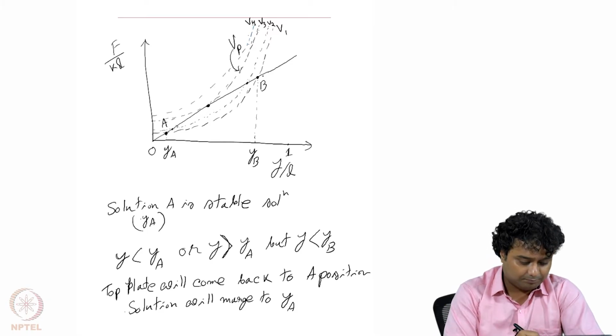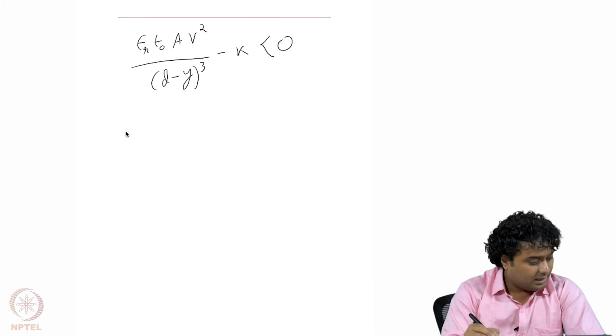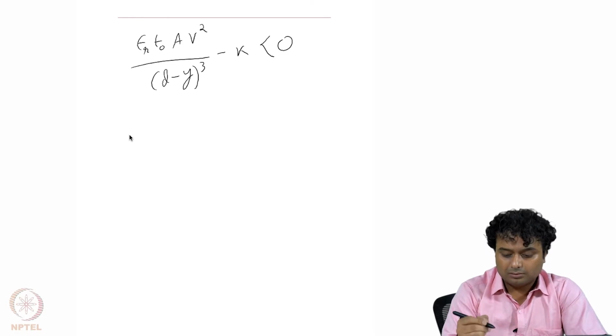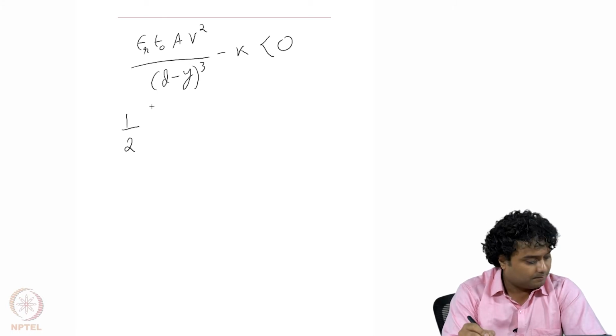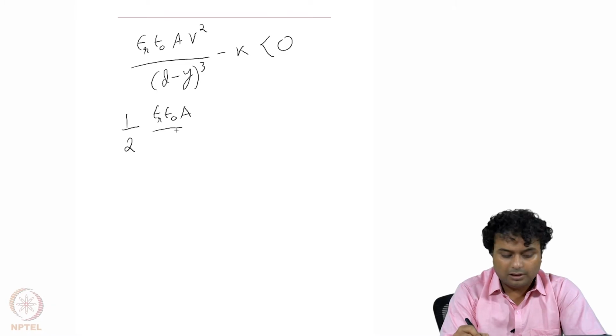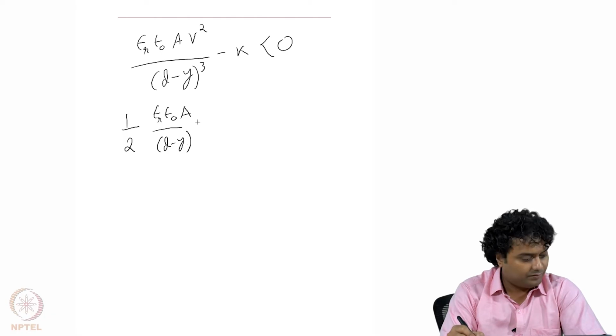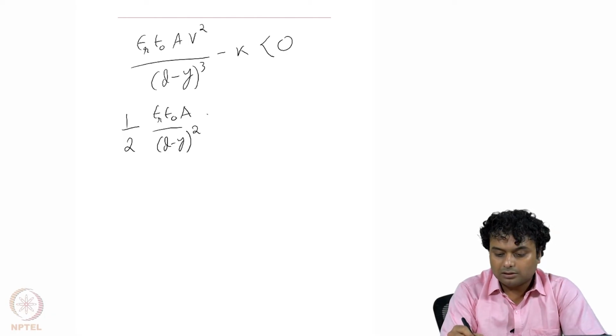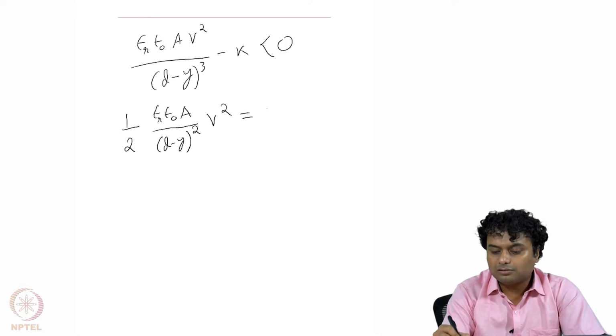That means half of epsilon naught A by d minus y whole square into V square is equal to ky.